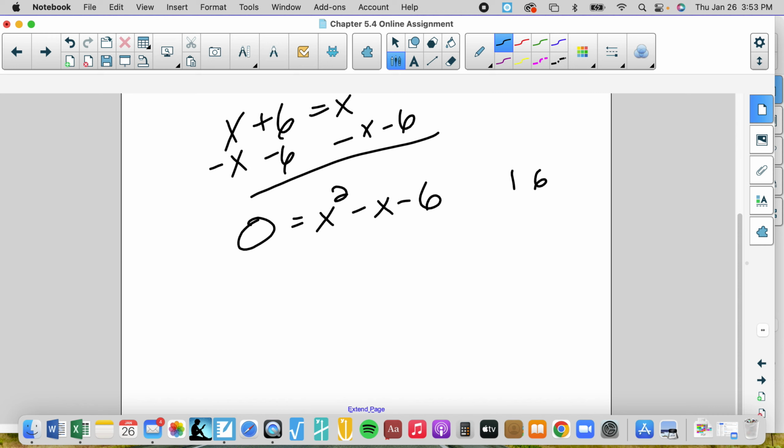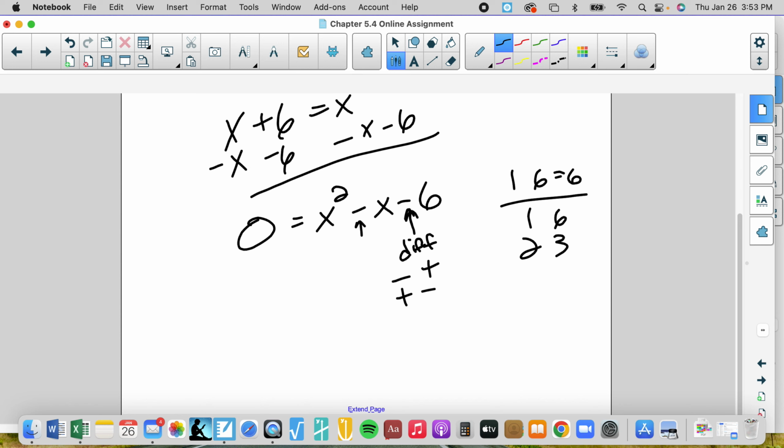Factors of 6 are 1 and 6, 2 and 3. Signs are different. The only way that you can get a negative in a product is if one is positive and one is negative. So the signs are going to be different because that's the only way you get a product equaling it.